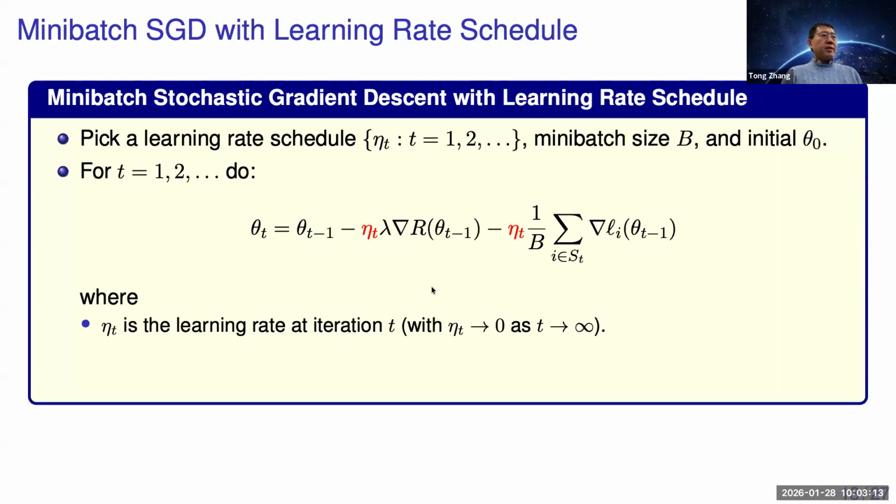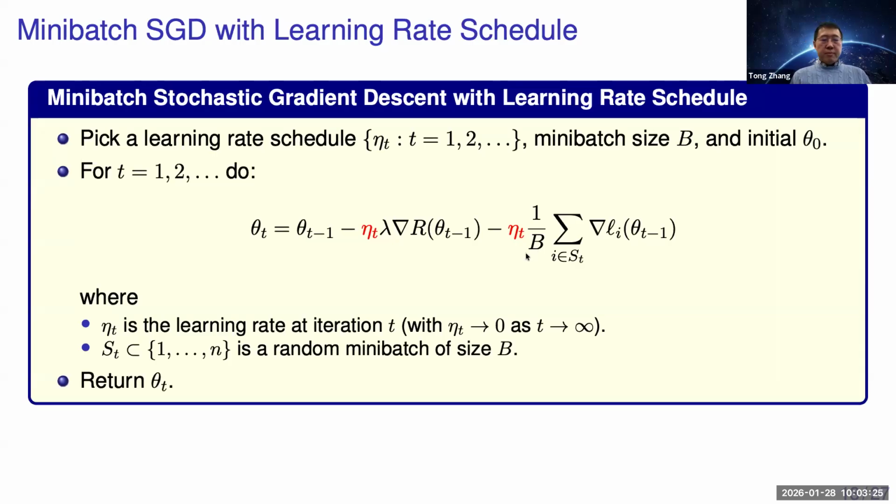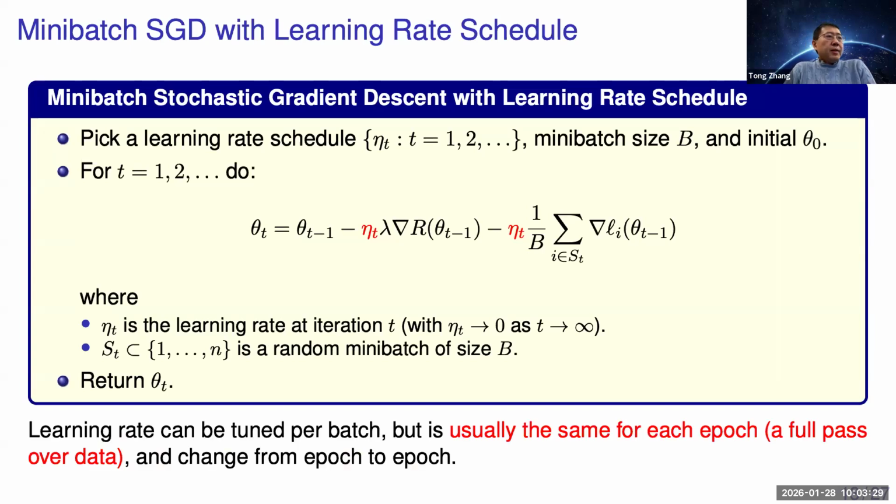Usually, the scheduler goes to 0. That's the usual, but sometimes you could also set up a constant learning rate. Essentially, it's a random partition. Again, we will not mention this further, but basically the learning rate can be tuned.